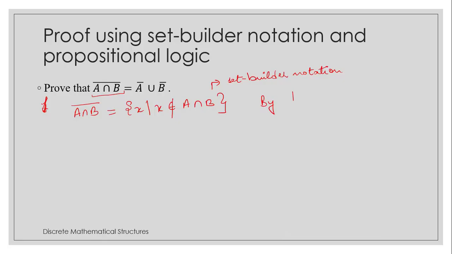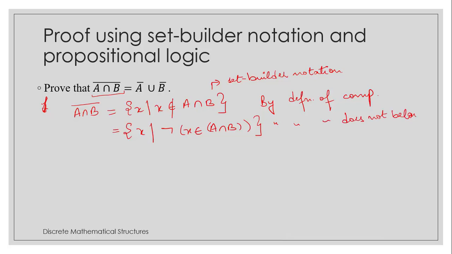So A intersection B complement can be written as x such that x does not belong to A intersection B. Here also we have to write the explanation, so we can say by definition of complement. Now this can be written as x such that negation of x belongs to A intersection B. This is by definition of does not belong symbol.